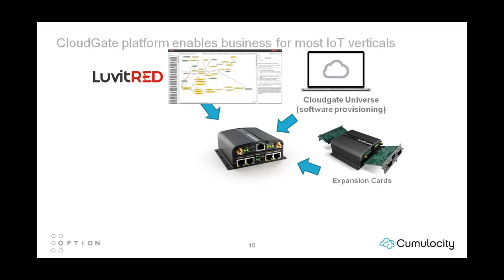The point is, with that software, you can do edge analytics on an industrial-grade Linux gateway. It is a Linux computer which has been well designed for the purposes of IoT. If a customer then says, well, great, I might leverage LuvitRED, and most do, but they might want to add something, or say, no, we have our own application and it's already ready, and you know what, it runs on Linux, so why should I throw it away?